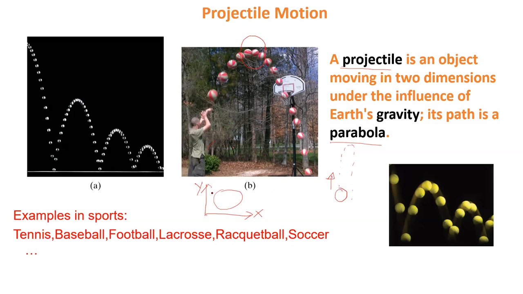It is moving on this two-dimensional plane, and this is the really important part here: it is moving under gravitational acceleration. So that explains why it is turning here.